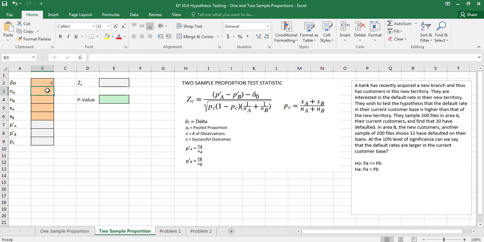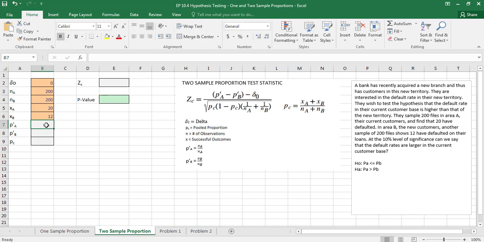Alright, the second one says we need to enter the n sub A, meaning the sample size for area A, which was 200 files. N sub B was also 200 files in the new territory. X sub A would be the number of defaults in the first territory in the current customer base. That was 20. And X sub B would be the 12 that defaulted in the new territory.